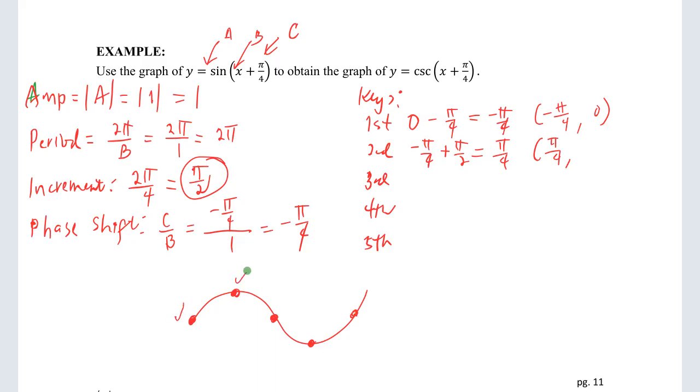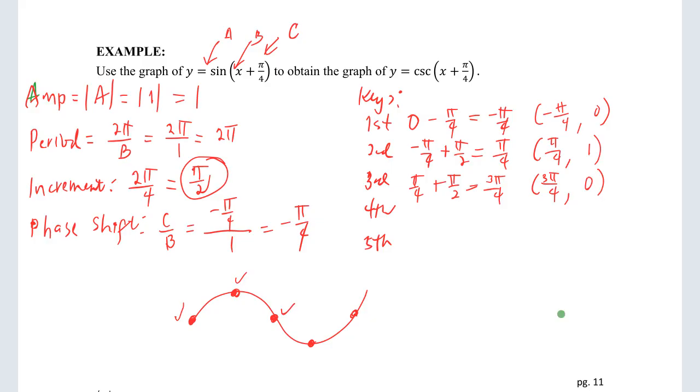Okay, now at the maximum level, we know that the amplitude is 1, so the maximum value is 1. Next, pi over 4 plus another pi over 2 gives us 3 pi over 4. And then this point right here is 0, at the midline.